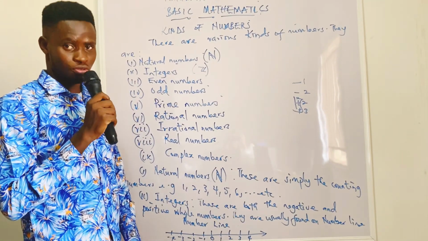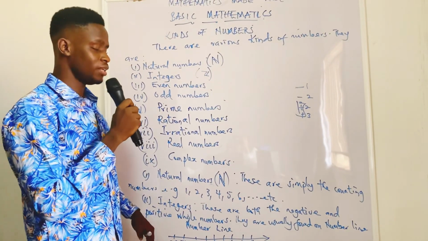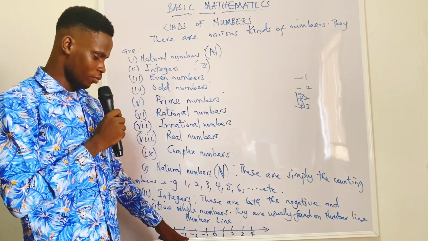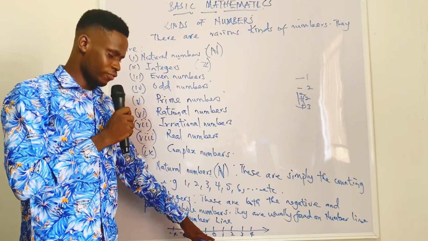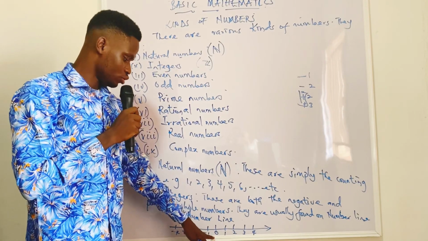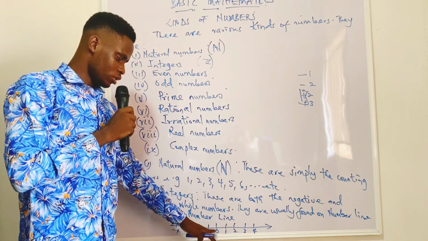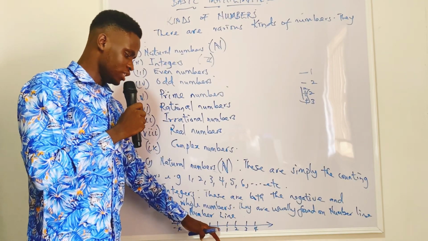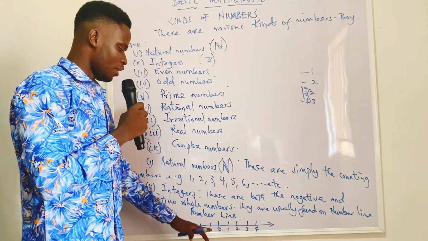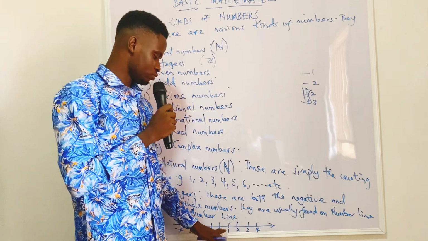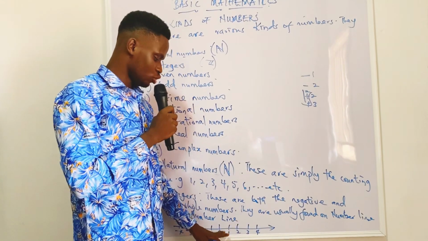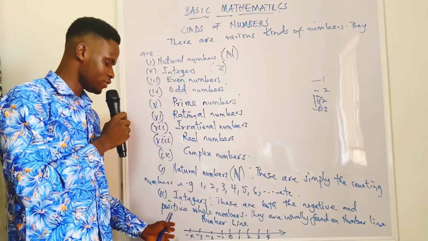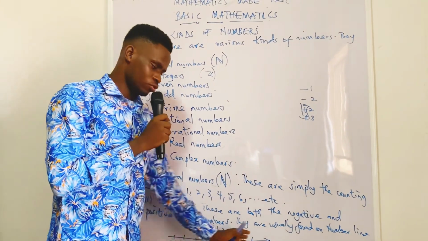And have this in mind as well, that numbers always increase from the negative part to the positive part. From the reference point 0, we have negative numbers backward, and it decreases backward like this. And from this reference point 0 to the front, we have positive numbers, and it increases like this. So that shows that numbers increase from the negative part to the positive part.